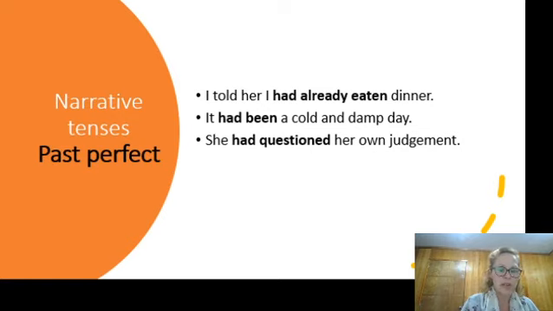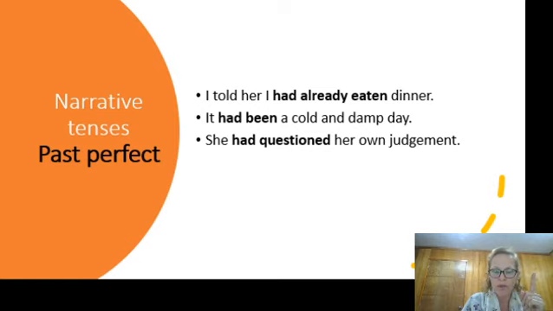Our third narrative tense is the past perfect. Okay, so this is when we use it. So we have simple past tense, and then what happened before that comes in the past perfect. I told her I had already eaten dinner. I told her happened after they had eaten dinner.